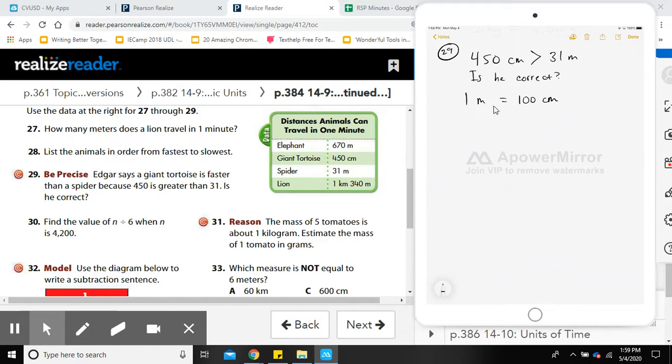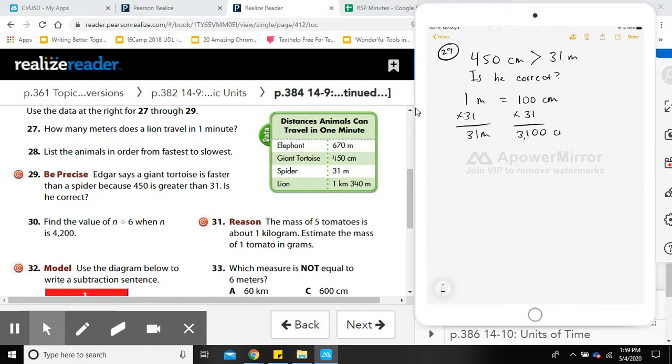So I need to convert this 1 meter to 31 meters in order to compare it. So times this by 31, and I get 31 meters. Whatever I do to this side, I need to do to this side. So I'm going to times this by 31. And here I get 3,100 centimeters.